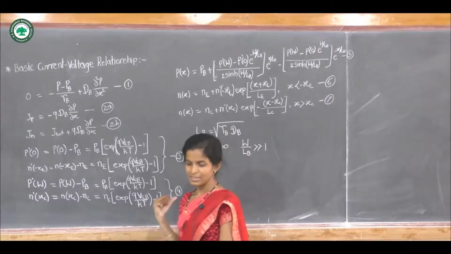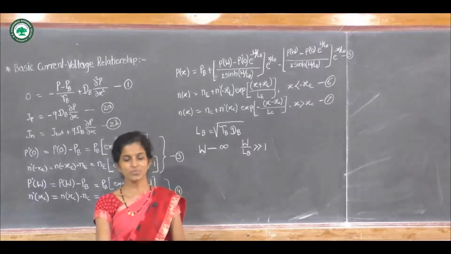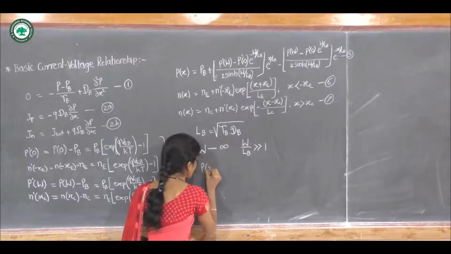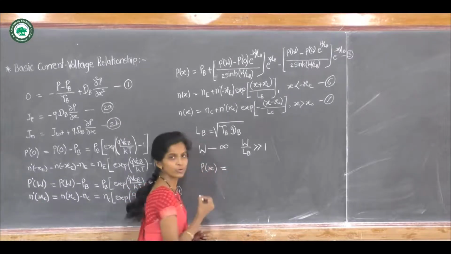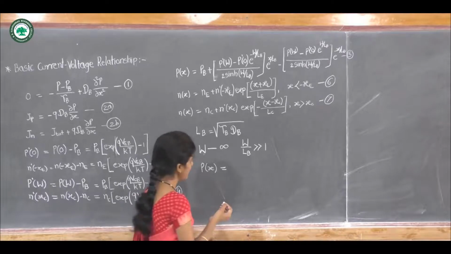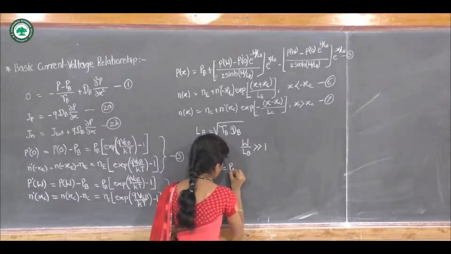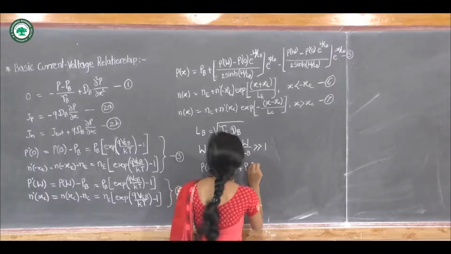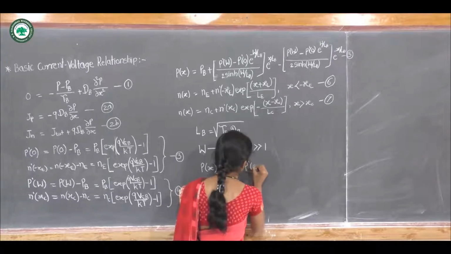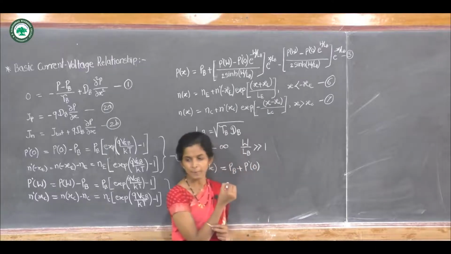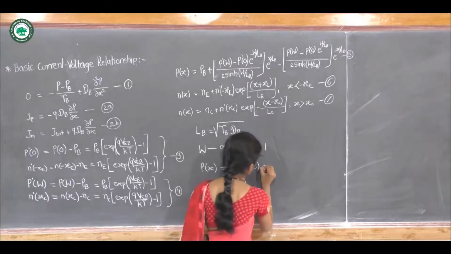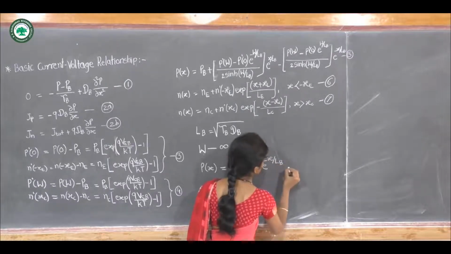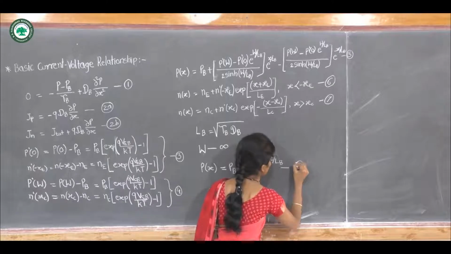So when this happens, equation 5 reduces to P of x is equal to PB plus P dash of 0 into e raised to minus x upon LB. So this is next equation number 8.